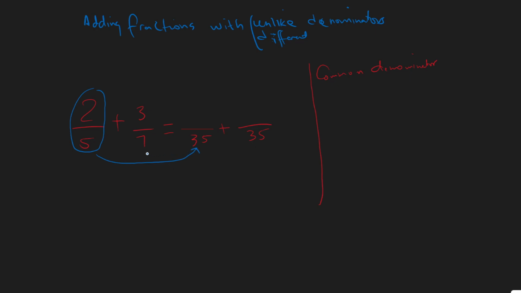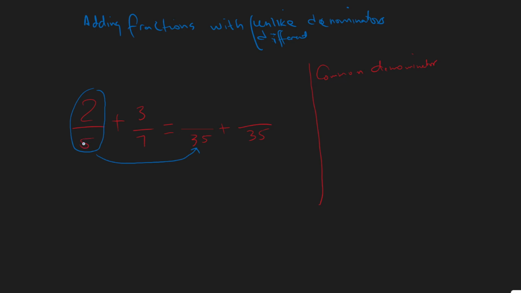I can tell you that you multiply this by 7. You see, you kind of change those numbers when it comes to getting to this common denominator. So you multiply this by 7, and you get 35 over here.